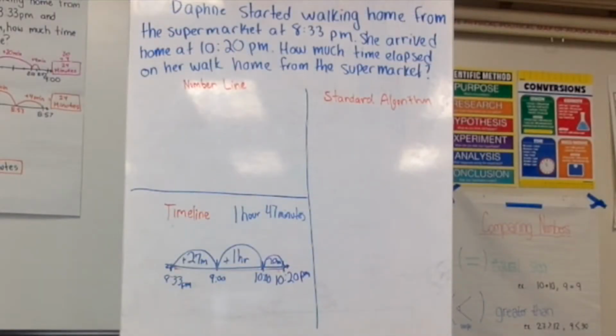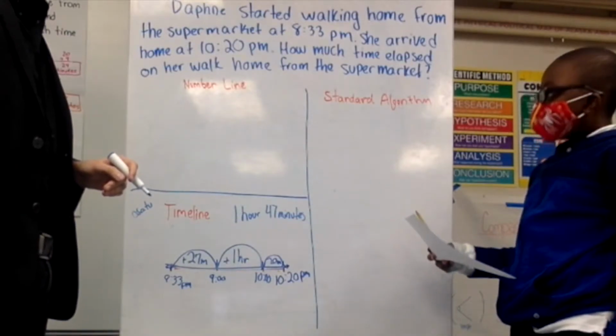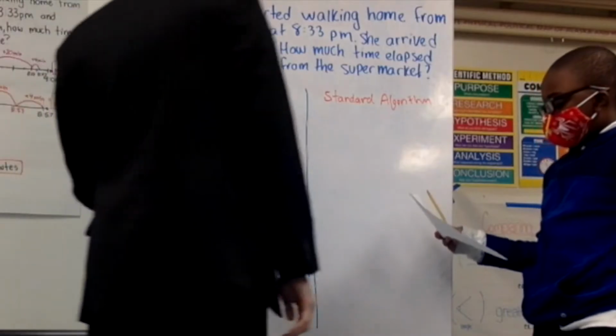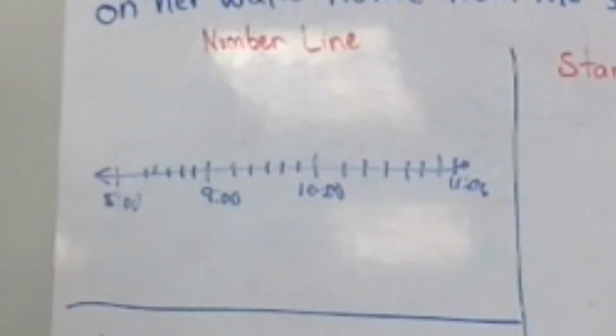Ali, why don't you come up? Which way did you do this? So I did the number line, and I labeled 8 o'clock to 11 o'clock. Oh, very nice. Then when I found 8:33 and 10:20, I put 27 minutes.